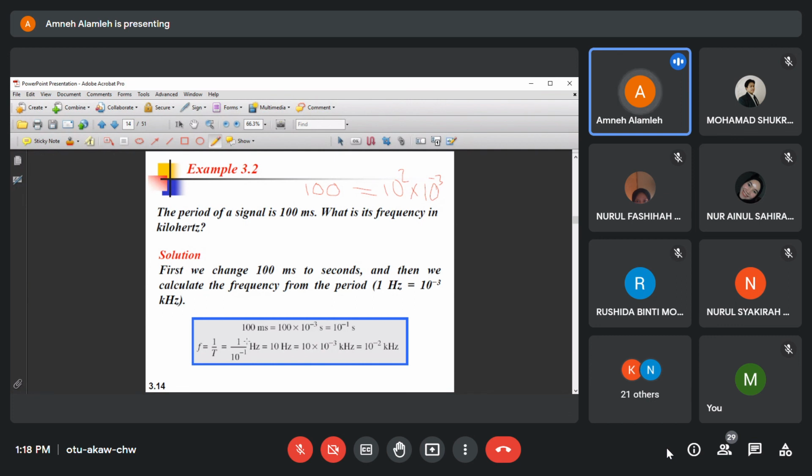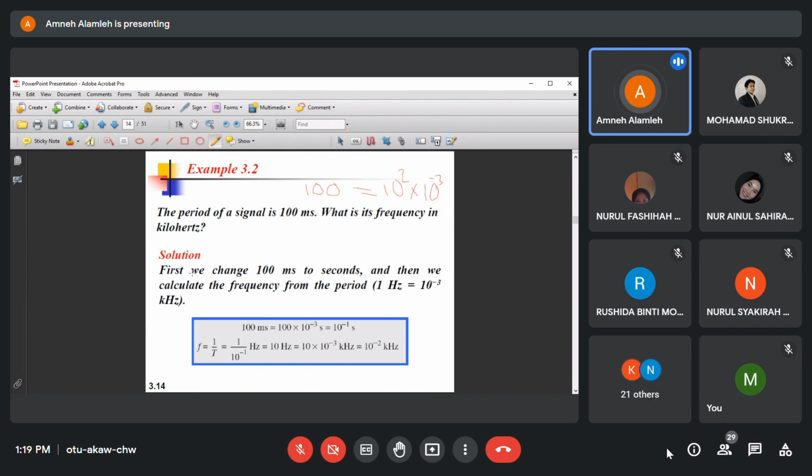So now to convert the 100 milliseconds to seconds, we multiply 100 by 10 to the power minus 3, and the answer is 10 to the power minus 1. And our rule, the frequency is equal to 1 over 10 to the power minus 1 hertz.